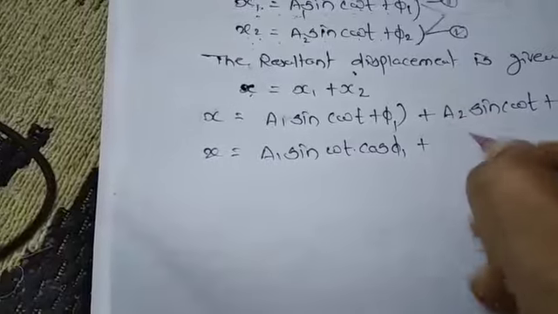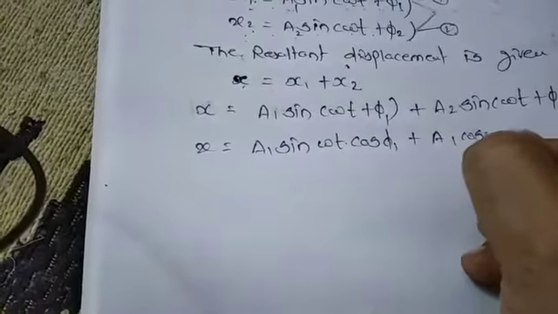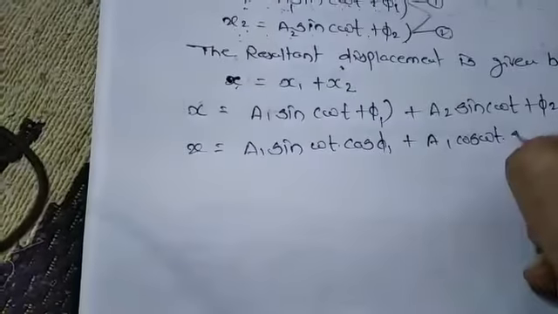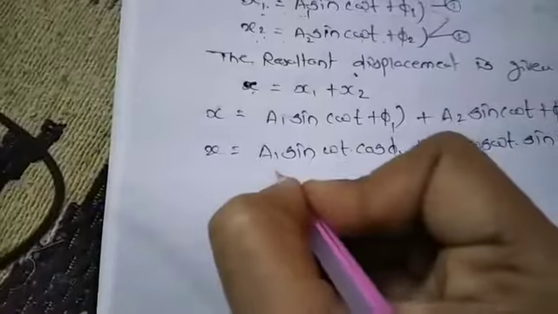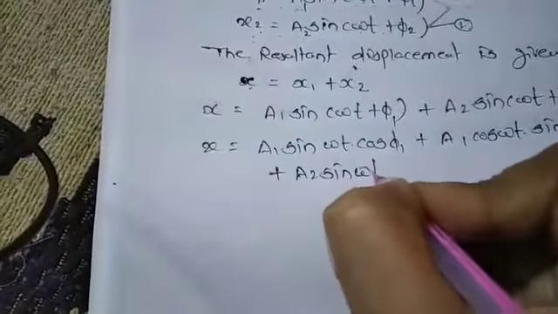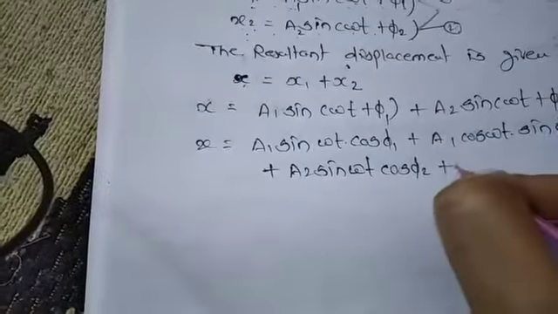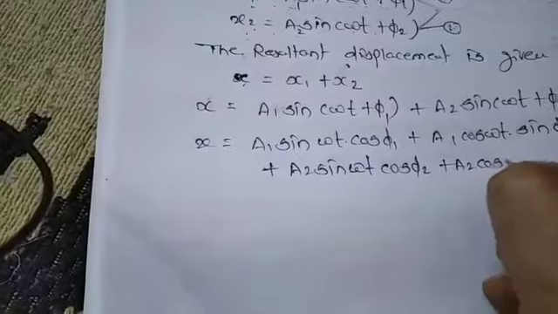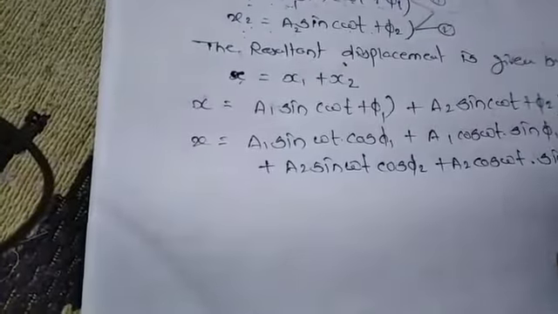plus A1 cos of omega t into sine of phi1 plus again A2 sine of omega t into cos of phi2 plus A2 cos of omega t into sine of phi2.